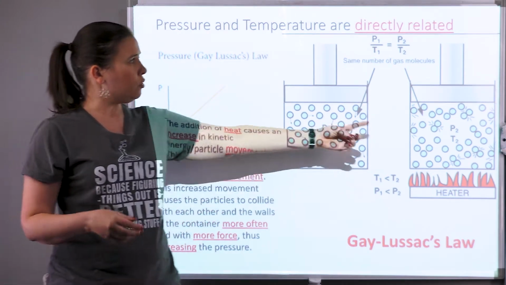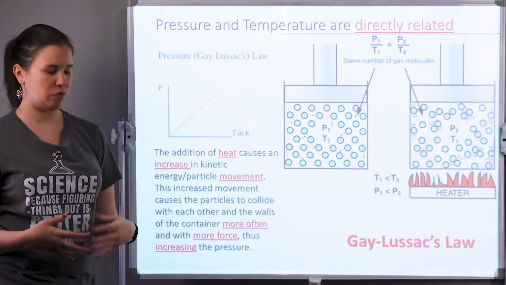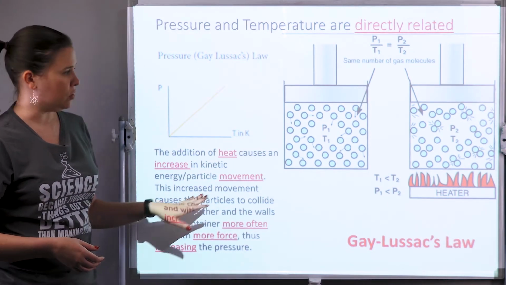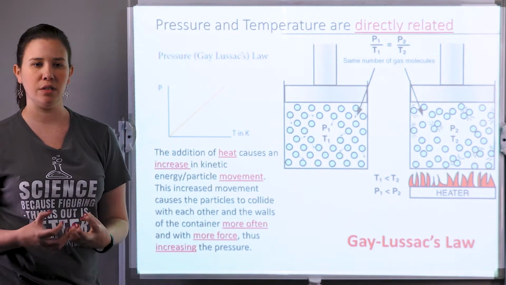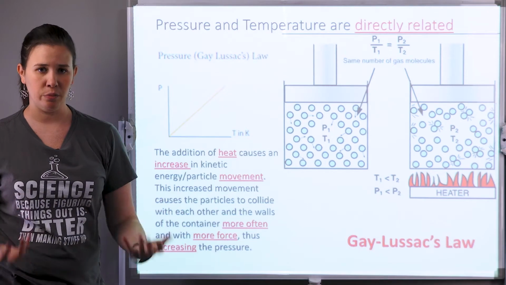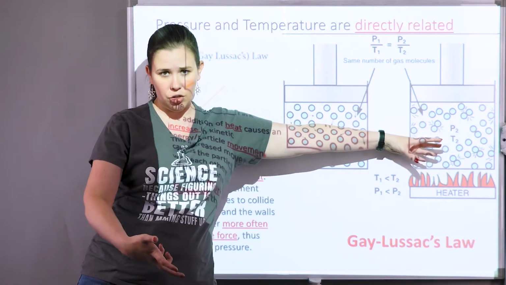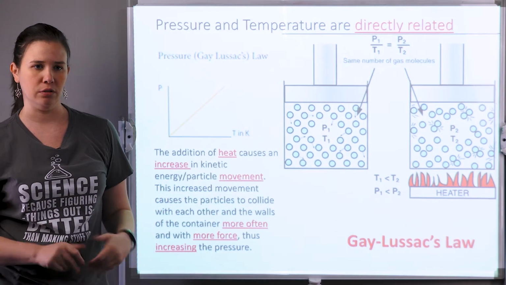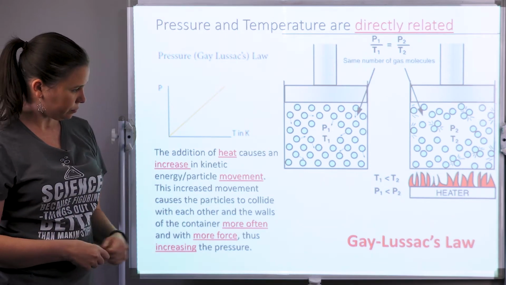Now, if particles are moving around way faster, they're going to be hitting the walls of the container much more often and with much more force. And so you're going to get more of that pushing on the walls of the container, also defined as pressure. So if you have that increased temperature, that added energy into the system, you're going to get more of those collisions and measure a higher pressure. So pressure and temperature are directly related.